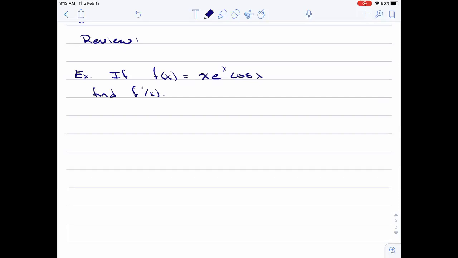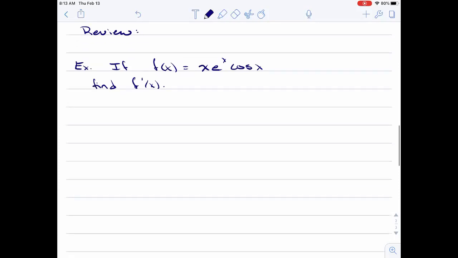So first, let's dissect this thing, because from now on, if you're asked to differentiate things, it's going to be a couple of rules combined often. It's not just going to be the product rule or the quotient rule, or even just the chain rule. It's going to be a combination. So we want to dissect this function and figure out what we need to do before we actually do it.